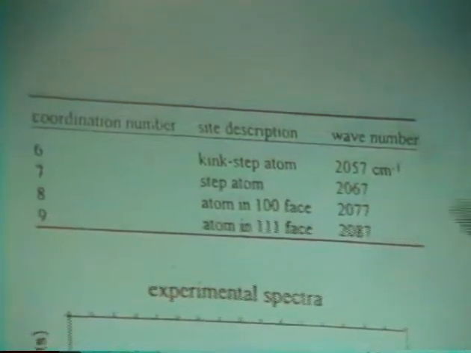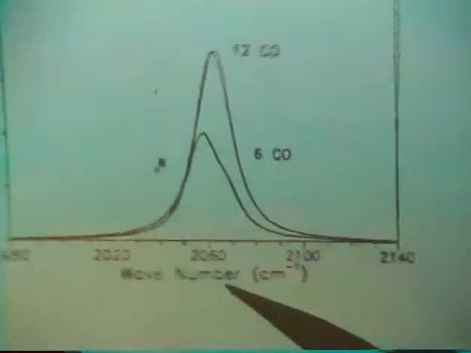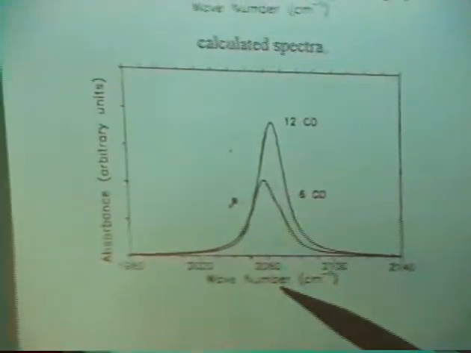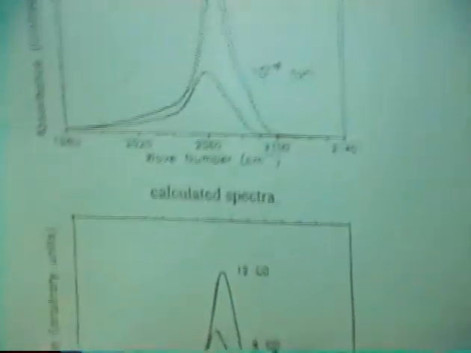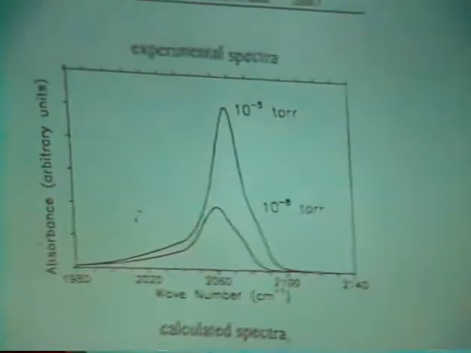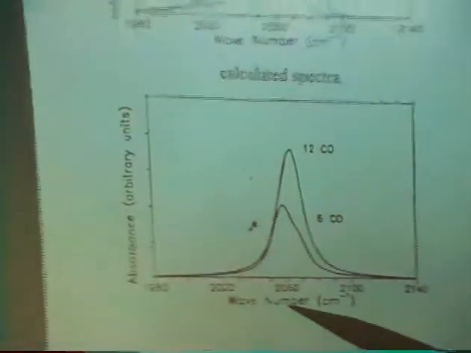So this is what we understand down here. This is our calculated spectra, and we only understand things up here insofar as we can predict them from what we calculate. So what we've done is calculate normal modes for different arrangements.